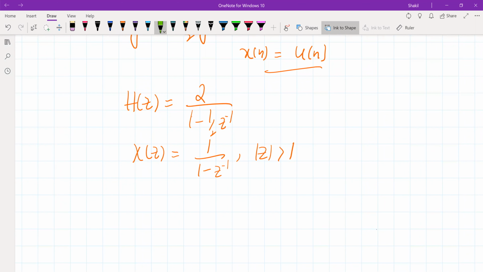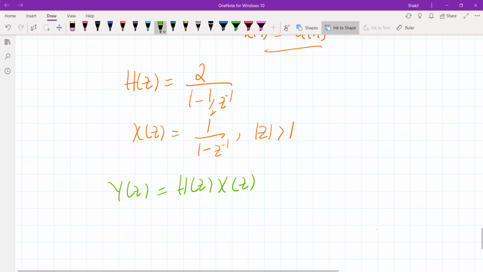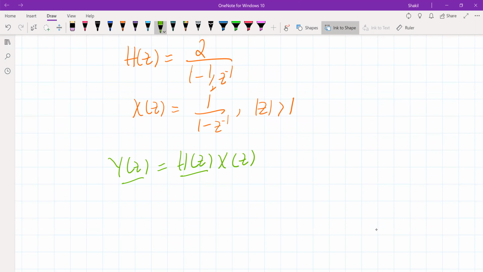So we can compute Y(z), which can be written as H(z) X(z). We can compute the output by doing this multiplication. X(z) is already computed for this example, and X(z) is 1 by 1 minus z inverse.